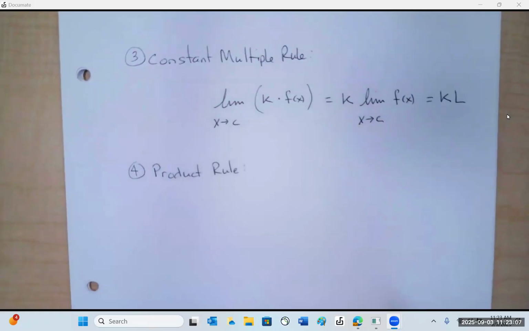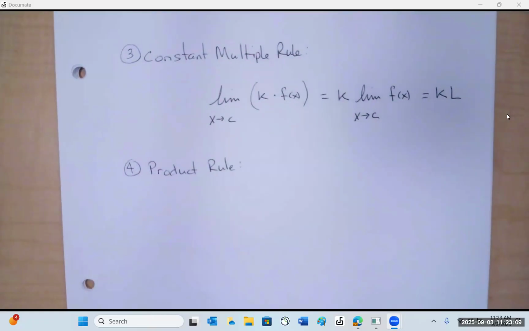The next one is the product rule. What does product mean? Multiplication.